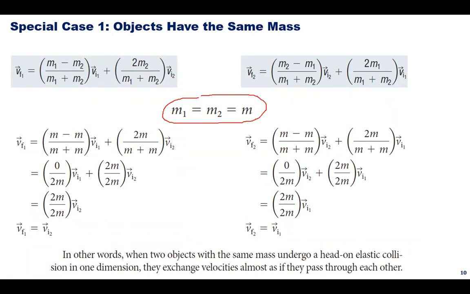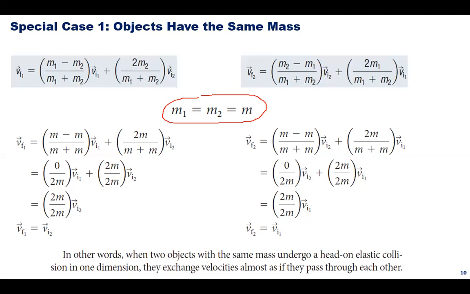For the final velocity for object 1, we have VF1 equals (M minus M) over (M plus M), because they have the same masses now, times VI1, plus 2M over (M plus M) times VI2, right? Simplifying this gives us VF1 equals VI2.